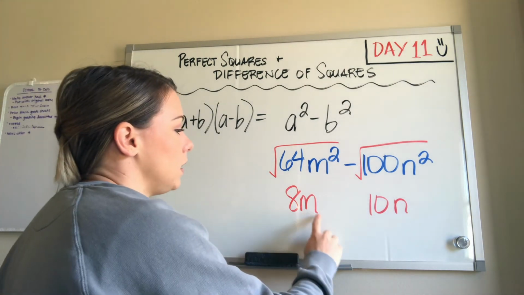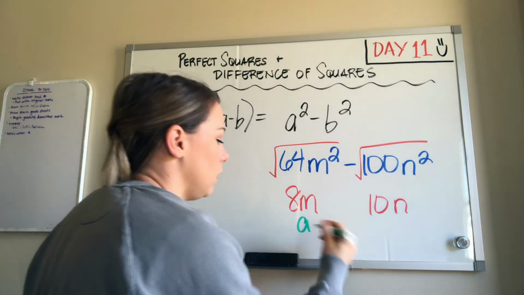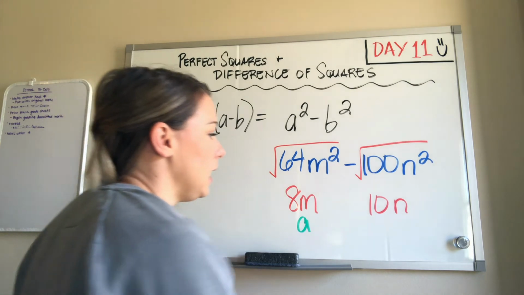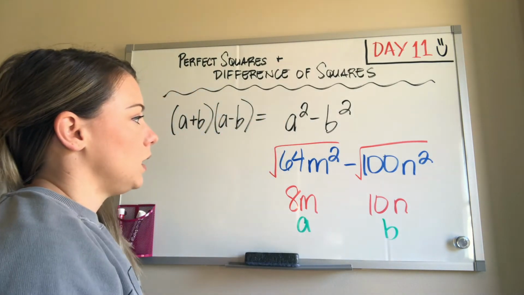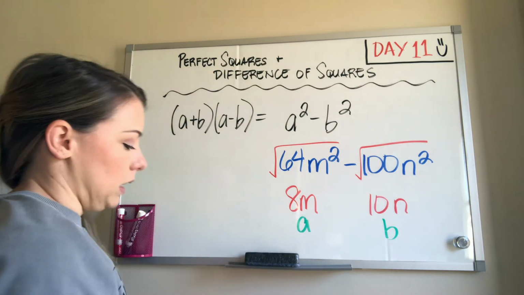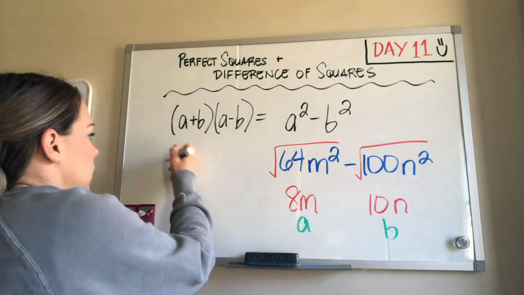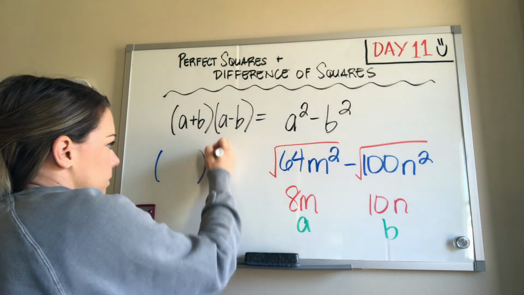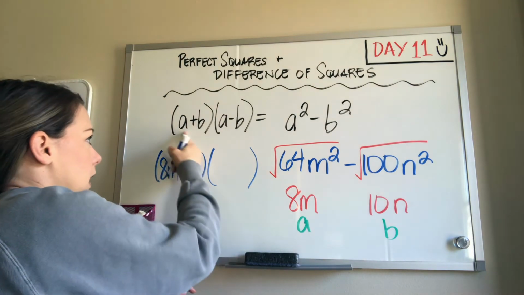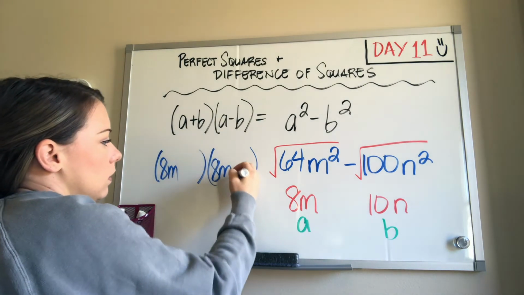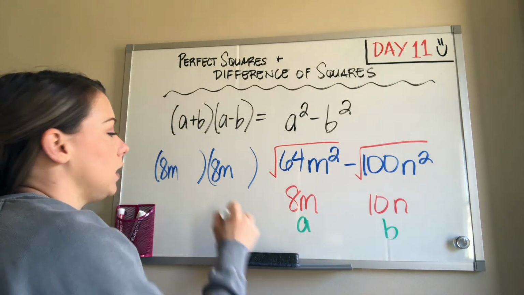Now, just like before, this 8m is A, and this term of 10n is B. So let's throw those into this form right here. I have A first in both of these, and then I'm going to take my term of B second.